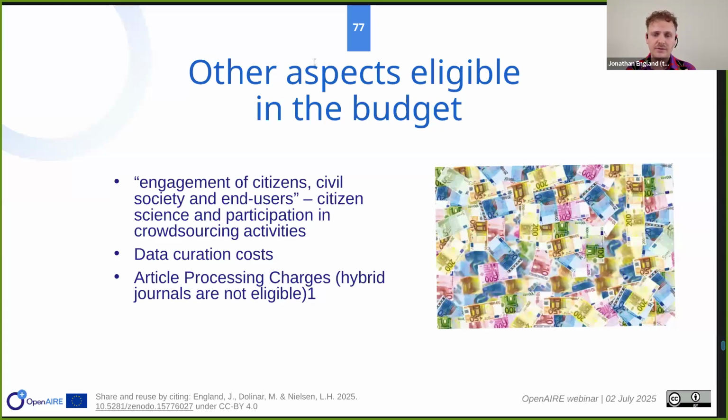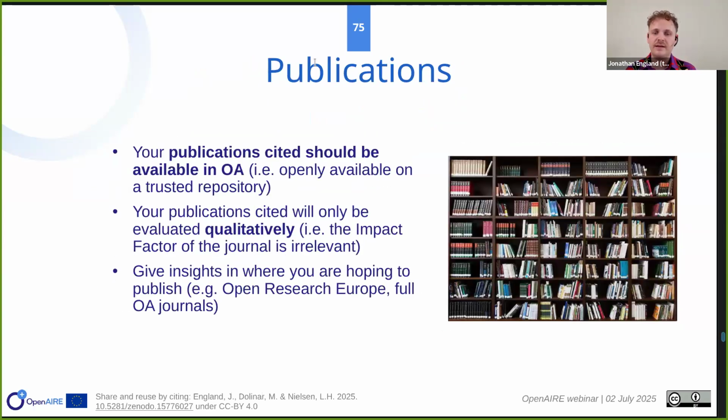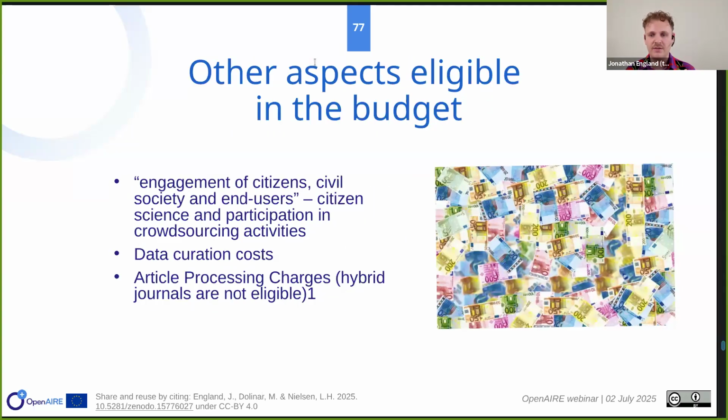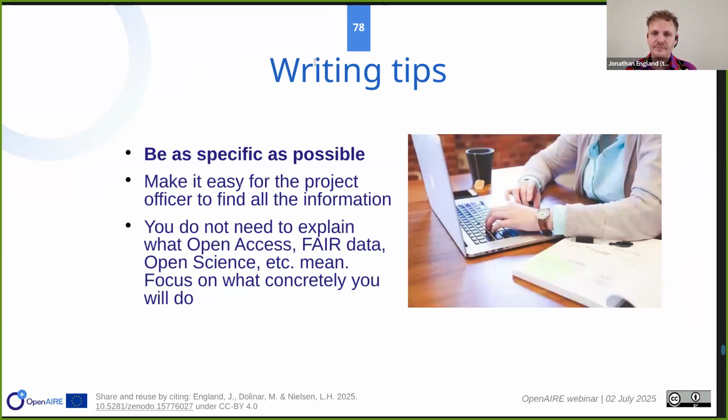And remember also to add the article processing charges for full open access journals. That's also why I put here, give insight in where you are hoping to publish, because that also gives you an idea of how much you're asking.